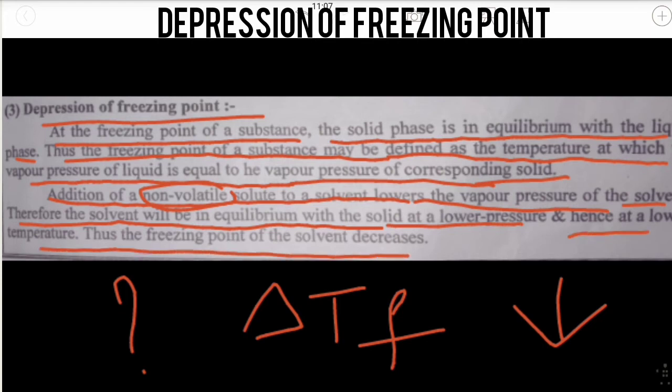Thus, the freezing point of the solvent decreases. On adding solute to a solvent, the freezing point of the solution decreases.